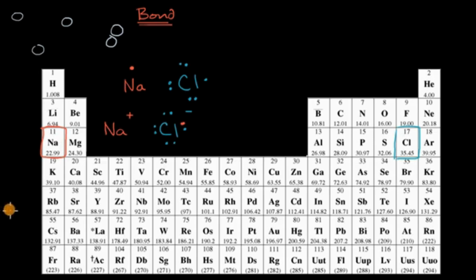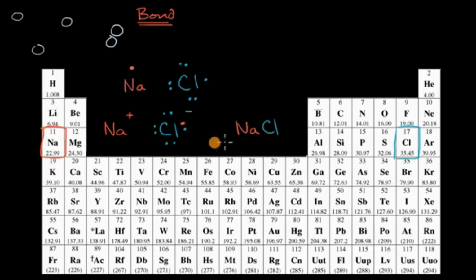Now, what do we know about positively charged ions and negatively charged ions? Well, opposites attract, Coulomb forces. So these two characters are going to be attracted to each other. Or another way to think of it, they're going to stick together. Or another way you could think about it, they are going to be bonded. And they will form a compound of sodium chloride.